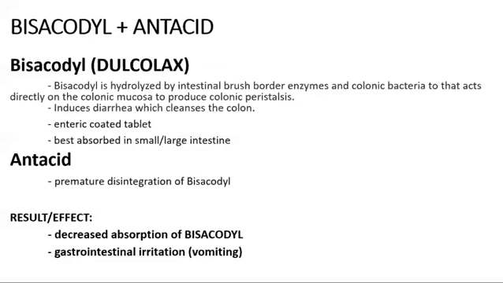Di ba? Dissolution. Since wala siya sa tamang pwesto niya, magiging ionized siya. Therefore, it will not reach the small intestine or the large intestine, and the resulting effect is it will decrease the absorption of bisacodyl.